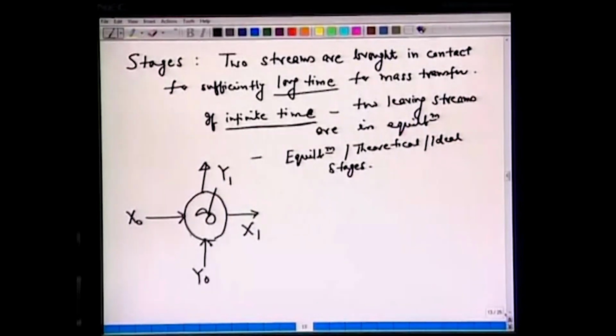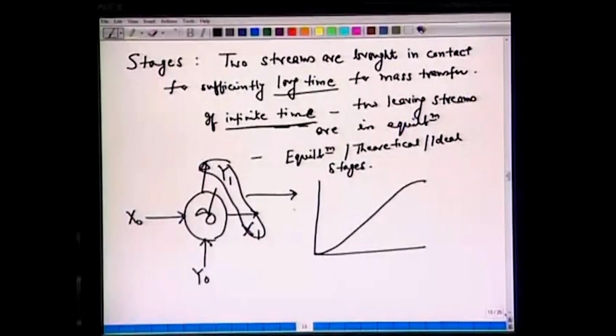If they have good mixing here and have spent a very long time, it is possible that x1 and y1, the two leaving streams, will be in equilibrium. So, on the equilibrium curve of y versus x, we can say that x1 and y1 are on the equilibrium curve. So, this would be y1 and this would be x1. Okay. So, this is the meaning of equilibrium.